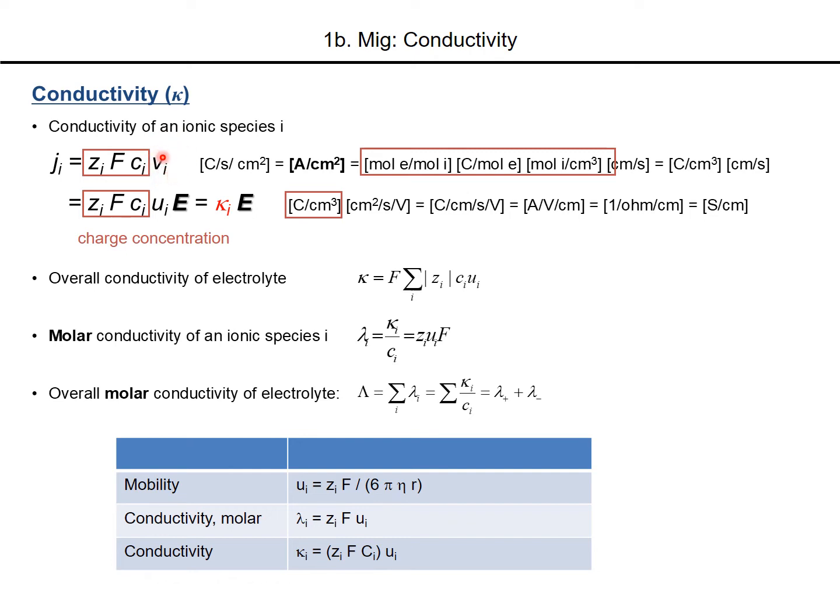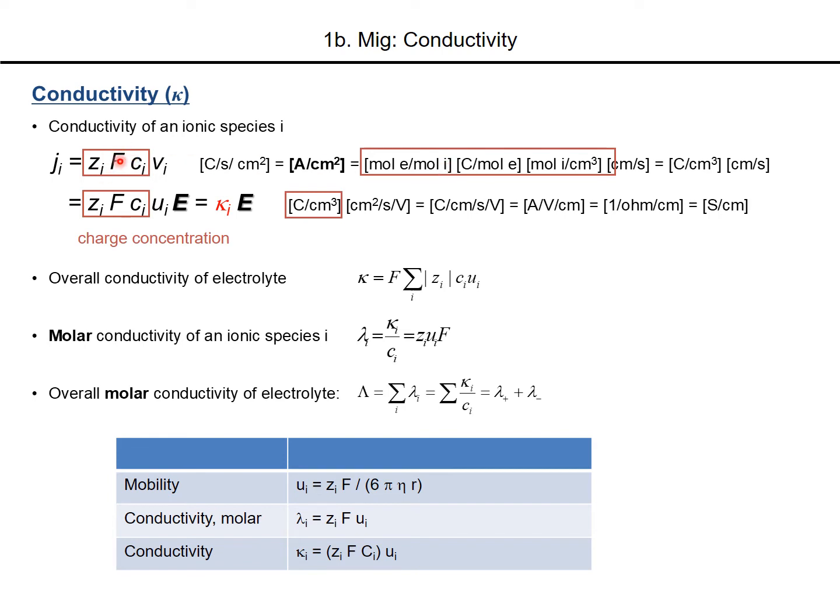So let me check the unit. We should have ampere per centimeter squared for both sides of the equation. Ampere per centimeter squared means Coulomb per second per centimeter squared, right? And let's go to the right side. This is the moles of charge, so the unit is mole electron per mole of species i.